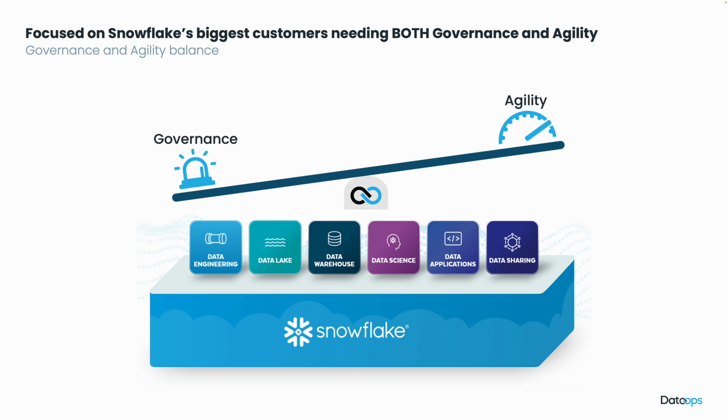It's easy to get great governance if we hardly change anything. And it's easy to get great agility if we don't care about good governance. But historically, organizations have lived on this spectrum where they have to choose one or the other. It's either governance or agility, but not both. And the promise that DataOps delivers is breaking the relationship between these two. You can absolutely have great governance and great agility at the same time. It's not an either or.